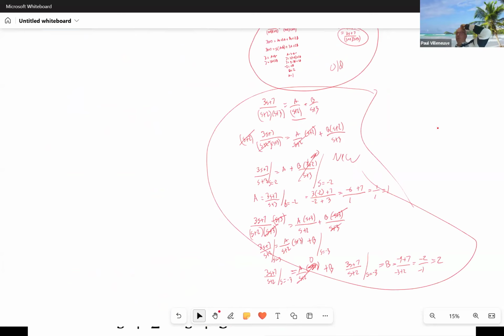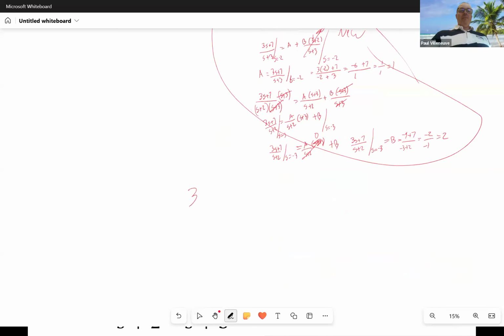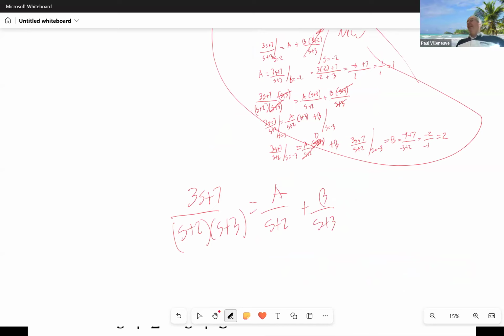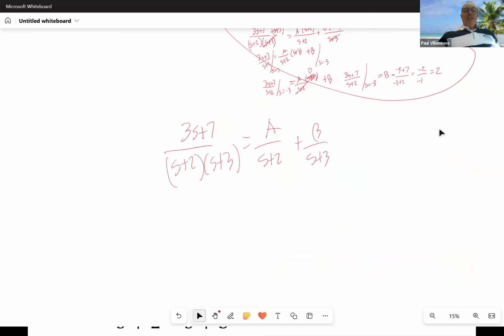But here's the thing. Once you get good at it, this is what you can do. We'll start off at the same spot. 3S plus 7 over S plus 2 times S plus 3 equals A over S plus 2 plus B over S plus 3. If I'm really good at solving this, here's what I do.